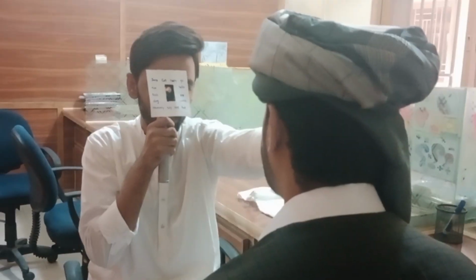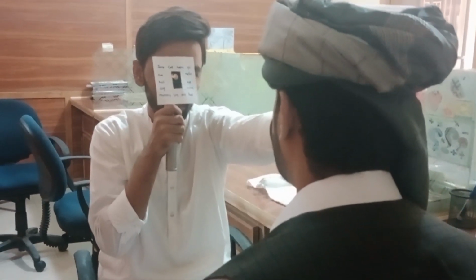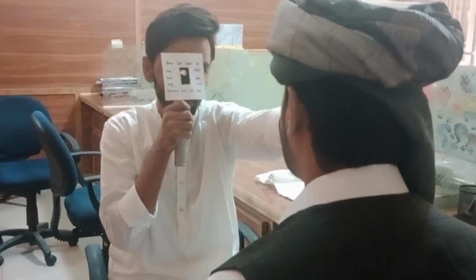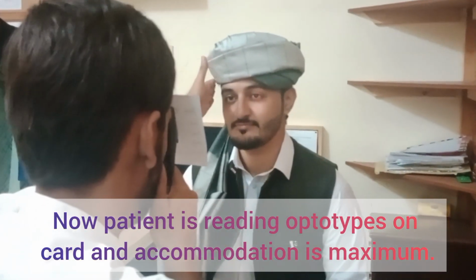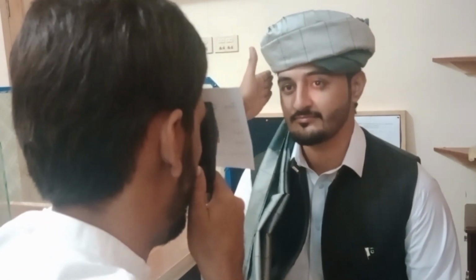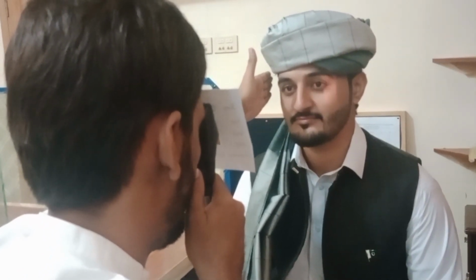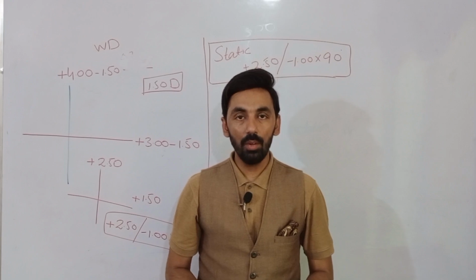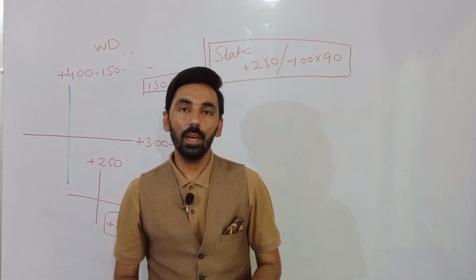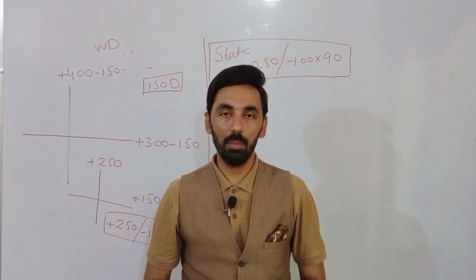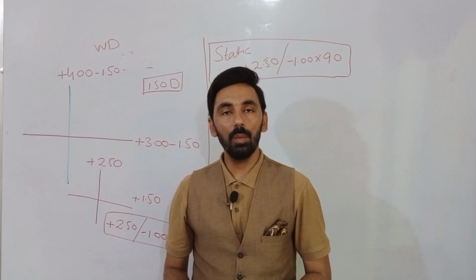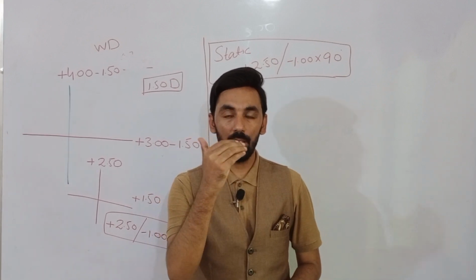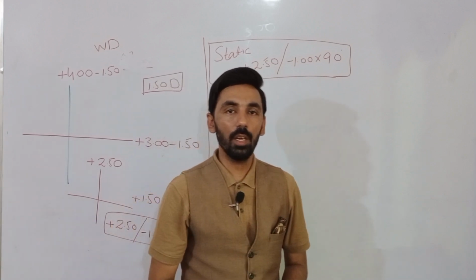You will ask the patient to look at that reading chart on the retinoscope, and when he looks at those optotypes, the accommodation of the patient will be maximum, because he is looking at near, and when a patient looks at near, the accommodation is at maximum, right? So when the patient is looking at that card, he is using his accommodation, right?